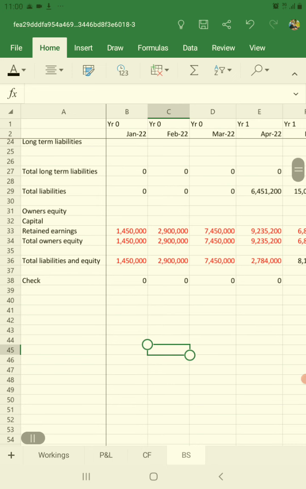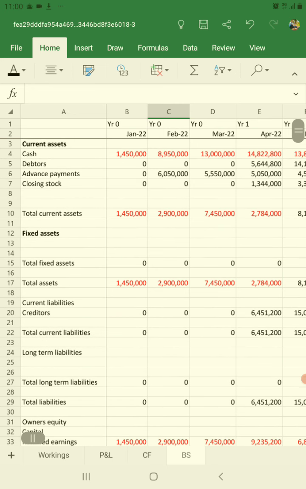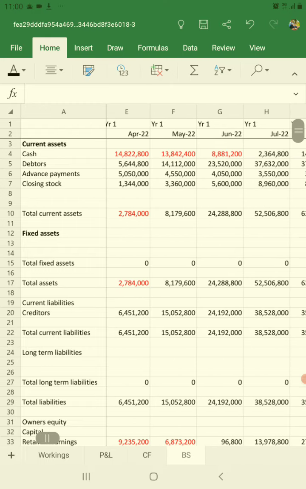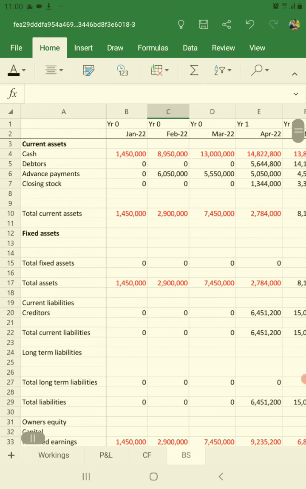Okay, so you see the cash balance in the month of January, February, March, April, May up to June is negative. Okay, this is not the way we present cash balance in the balance sheet.